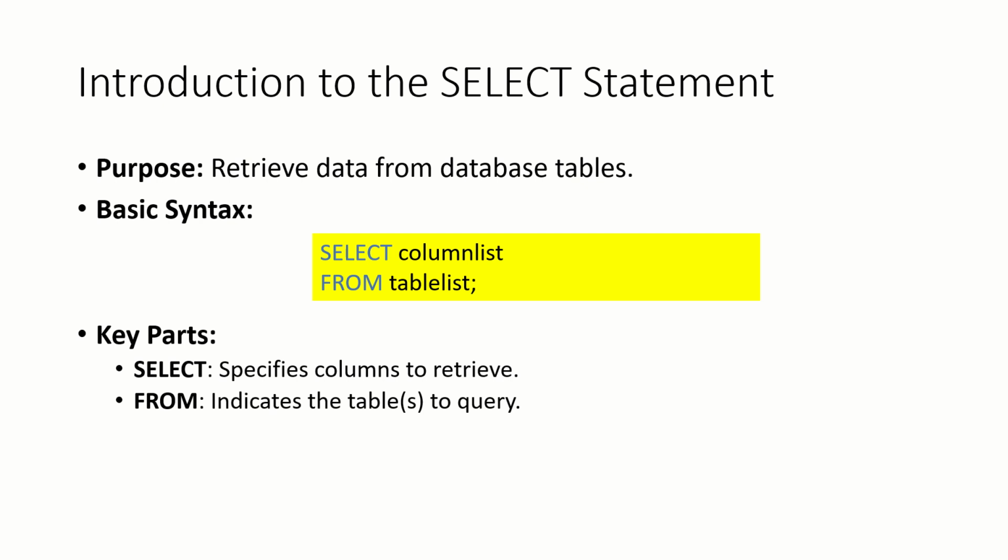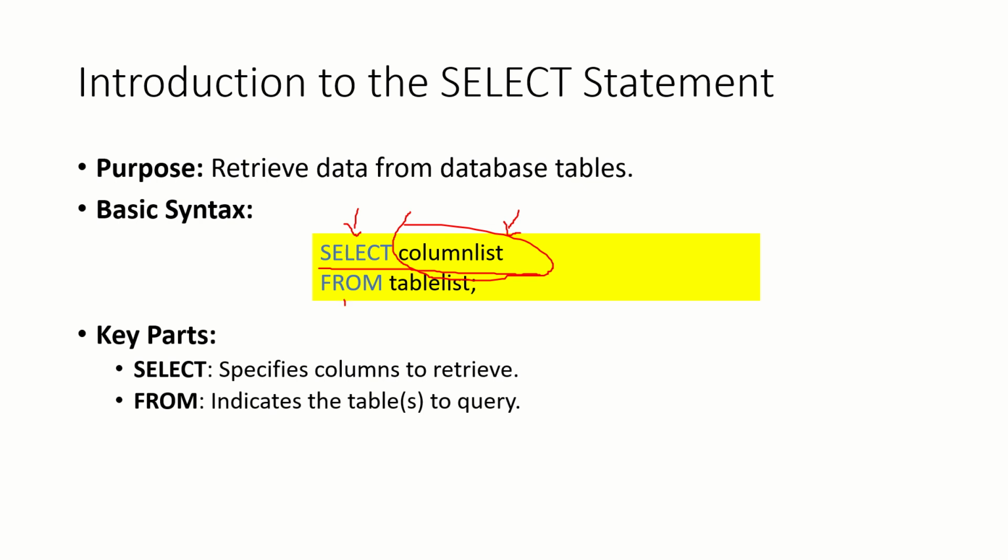So the basic syntax is the keyword select, then we include the columns, the attribute names. You can include one or more attribute names here. That's the reason we say it's a column list.